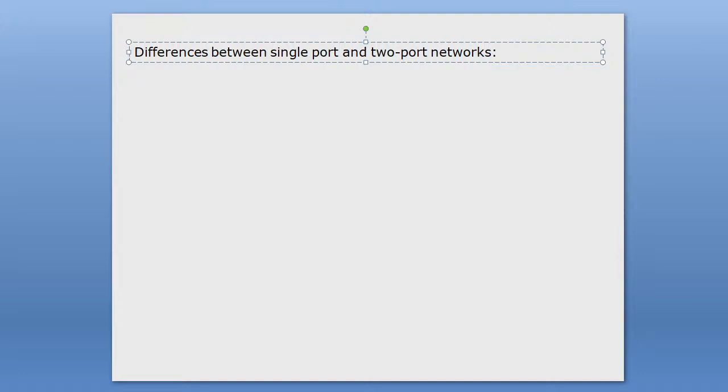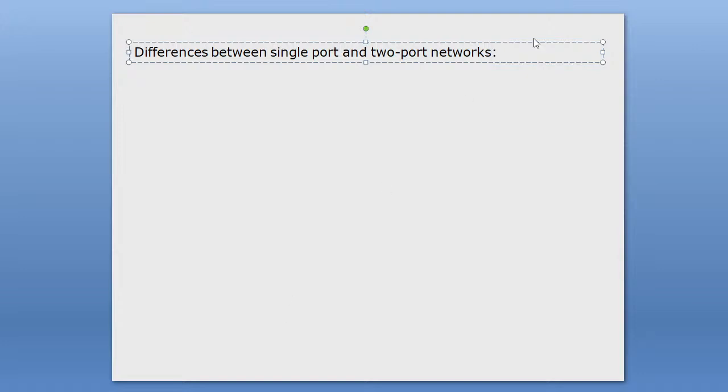But if the network has more than two terminals, I mean four terminals, then such a network is called a two-port network. That means it has two ports, that is, a total of four terminals.